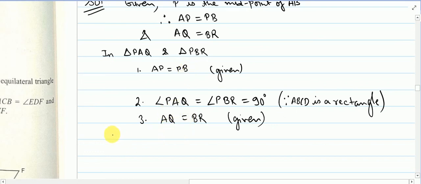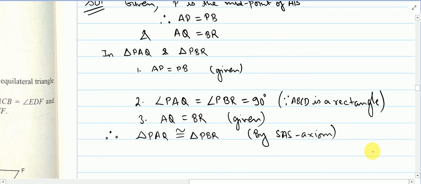Okay, therefore these two triangles, triangle PAQ is congruent to triangle PBR by side angle side axiom.